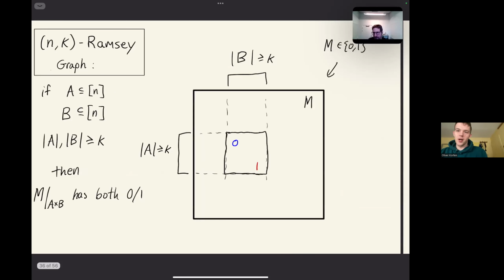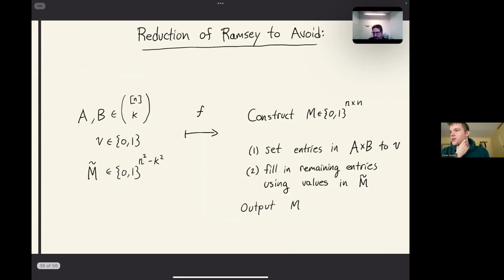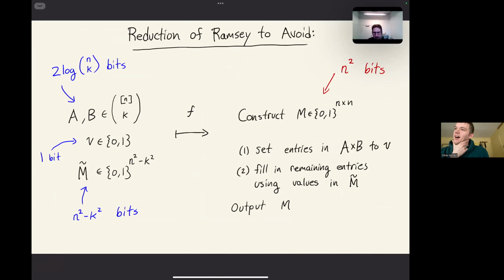Exactly, yeah. So I just count. Specifically, A and B take about log of n choose k bits. I'm skimming over something: you can prove that there's an efficient encoding of a subset of [n] of size k using the optimal number of bits, log of n choose k. So this is something you need to prove is possible.